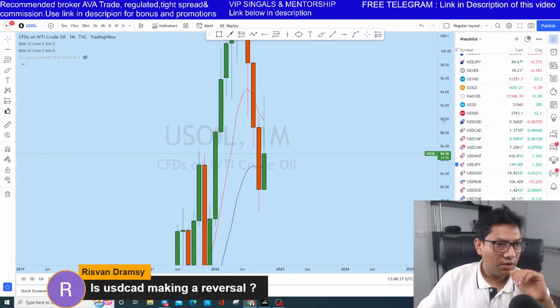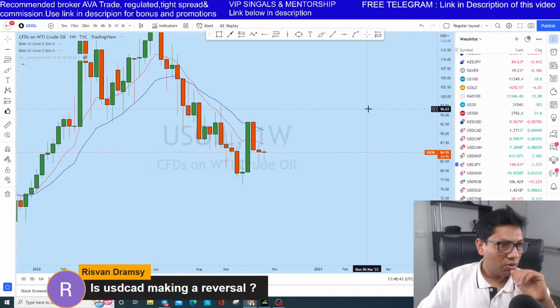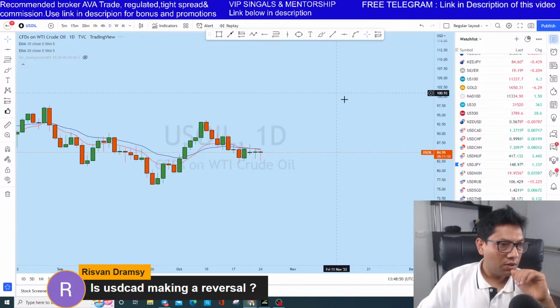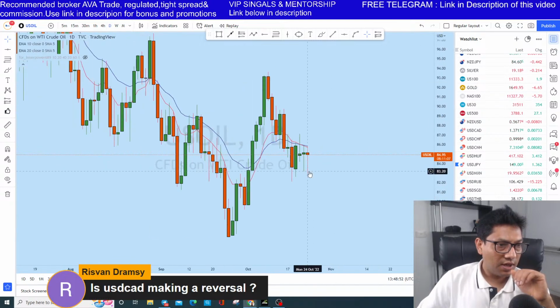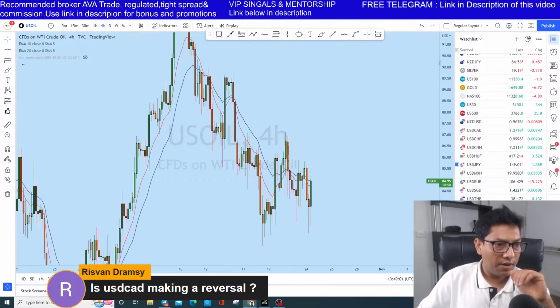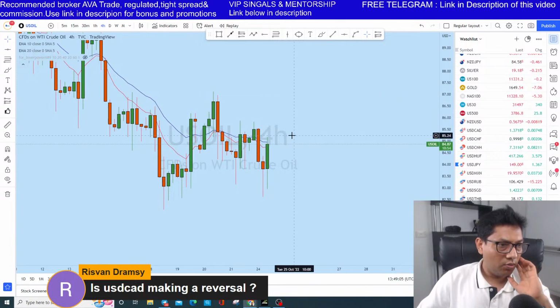On the monthly, the price, after this big move, has gone into retracement. Weekly, I think that oil might go up for short term. On the daily, this is the candle that has already grabbed liquidity from the bottom. I think that oil might go up, but before that, after this candle, we might see some retracement.